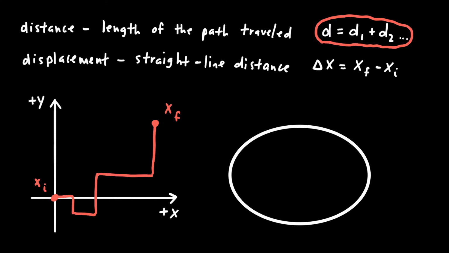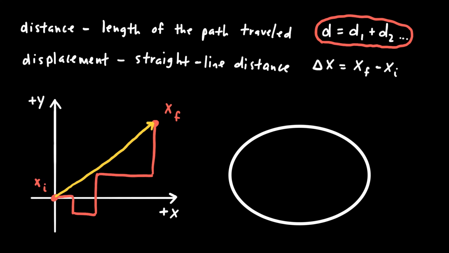The displacement, which is the straight line distance from the initial position to the final position, would be represented by this arrow. It would start at xi and point towards xf, like that. That's the way that it would be represented in this two-dimensional space, in this two-dimensional path that I've drawn.